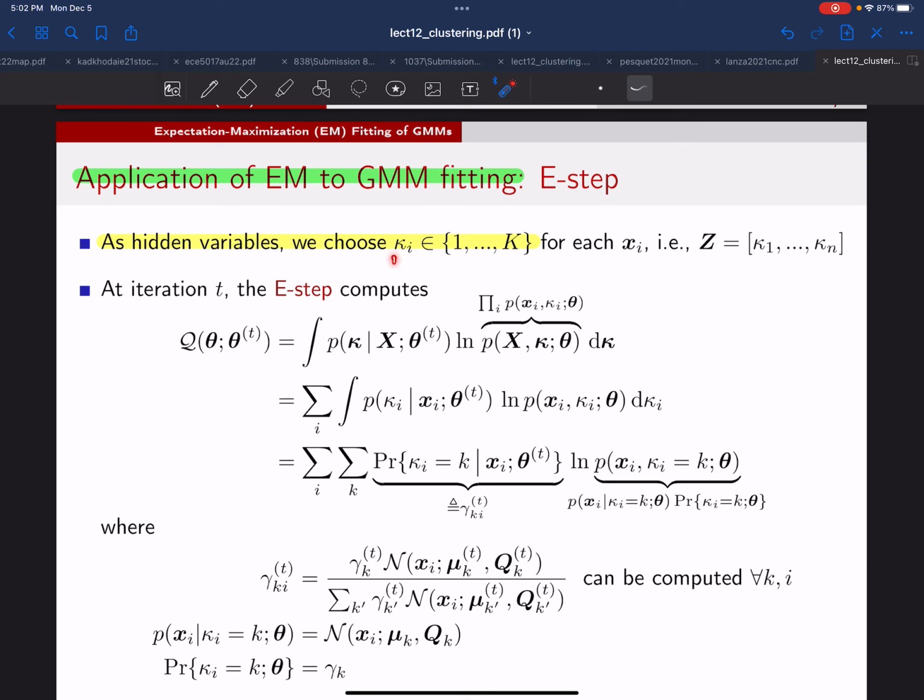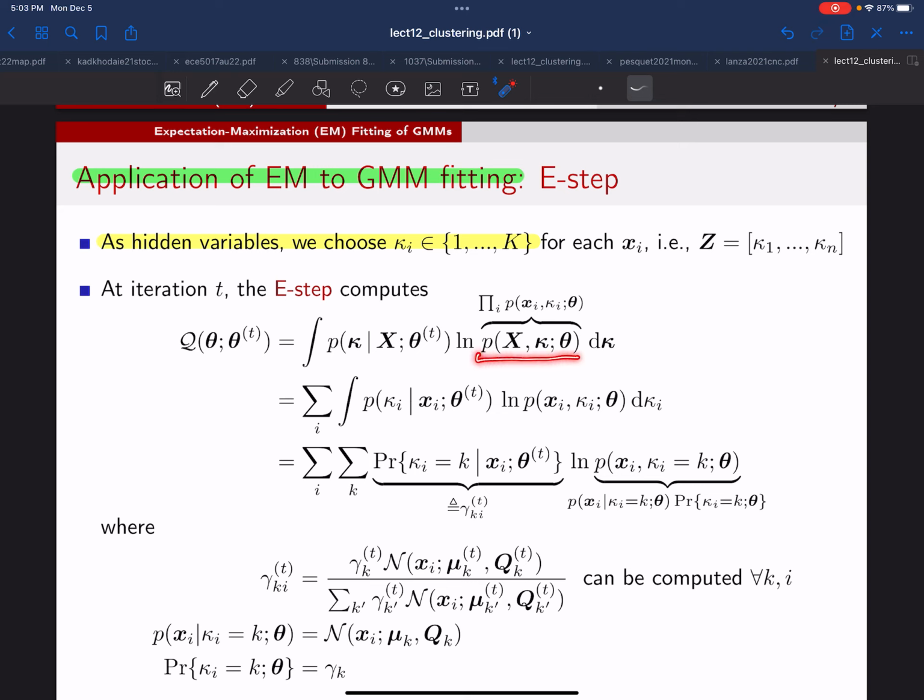Okay, so these are random variables. We're going to be estimating them iteratively. That's how we can think about kappa i: which component is associated with xi. Previously when we were deriving it, we were using z. So now this z matrix is just going to be this kappa vector. So this is the q function written with the kappa vector in place of z, but otherwise identical expression from before. Okay, so we need to simplify this.